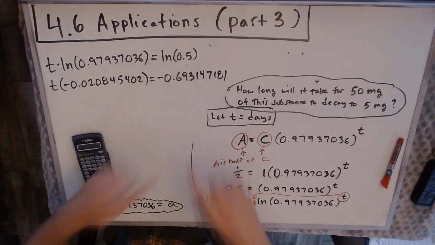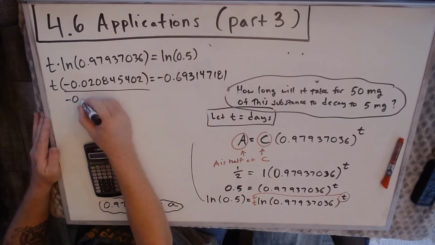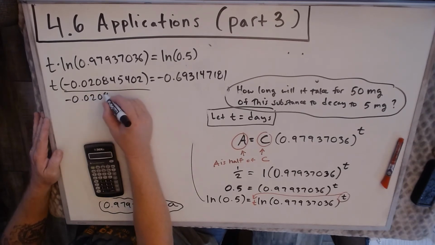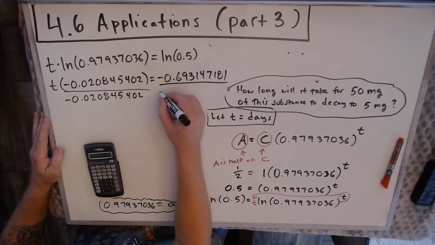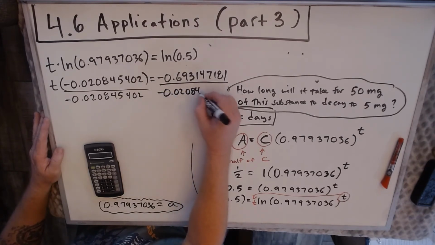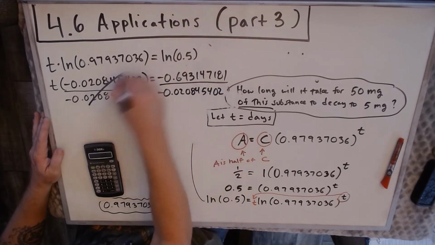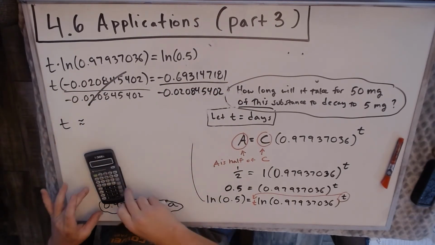You probably recognize that. It comes up a lot. And then now we're going to divide both sides by this constant, and that should give us our t for the half-life.